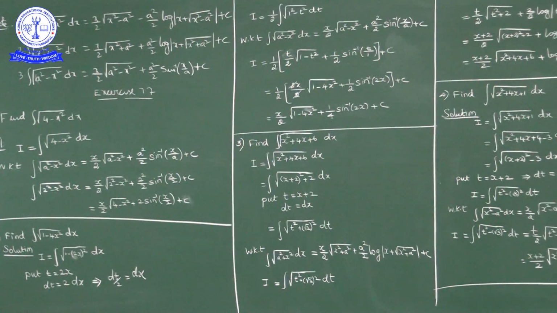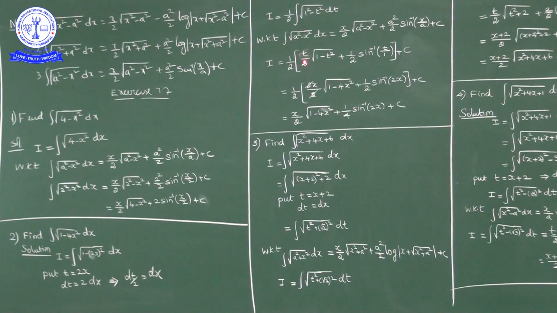Now replace t by 2x, because 2x is t. So in place of t we will write 2x. So 2x by 2 into square root of 1 minus t square, and t square is nothing but 2x whole square, nothing but 4x square. Square root of 1 minus 4x square plus 1 by 2 into sin inverse of t, that is 2x by 1, which is 2x.